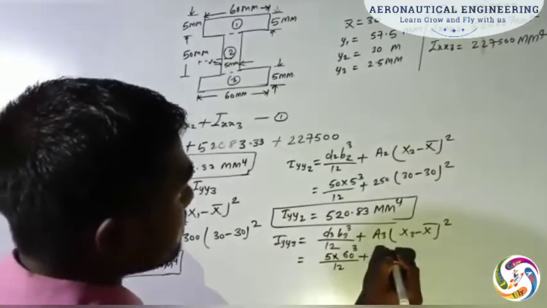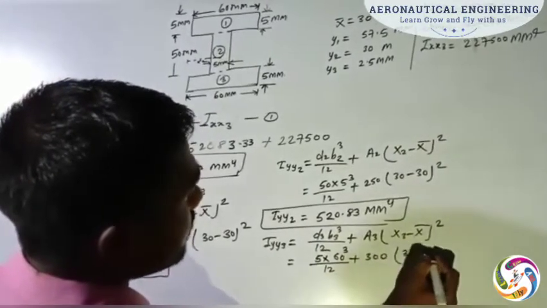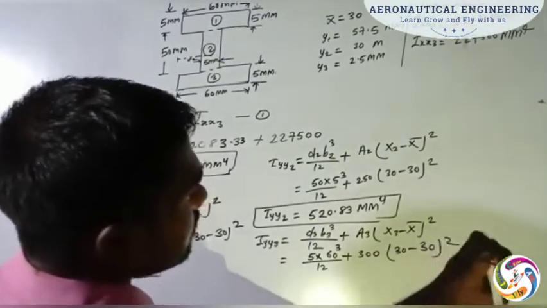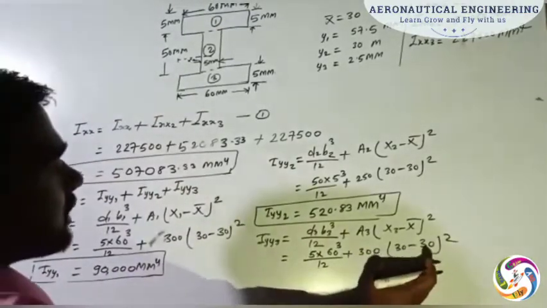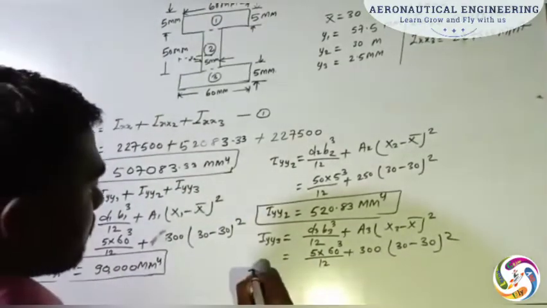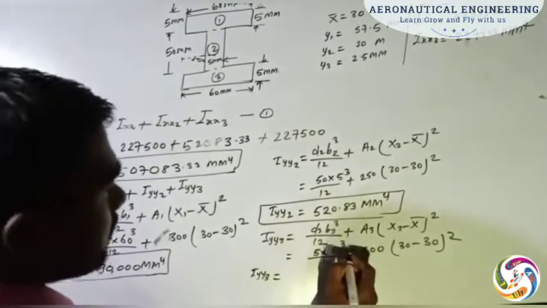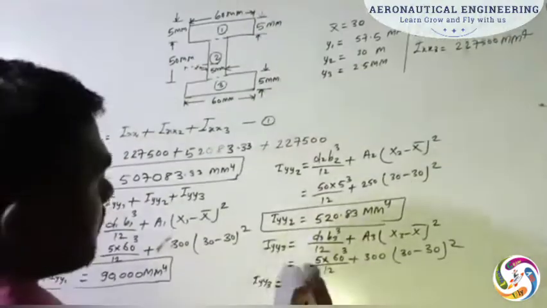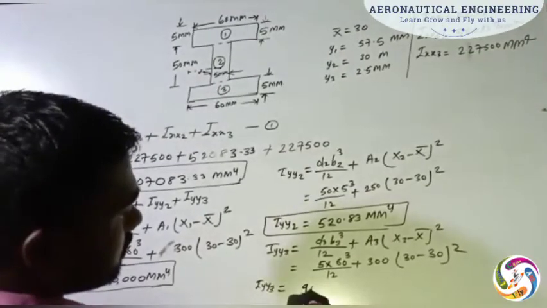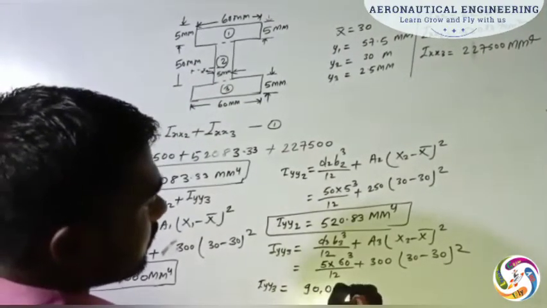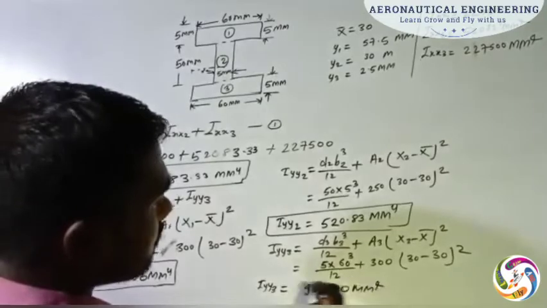A3 value is 300, x bar is 30. So by calculating, this portion becomes 0. After calculating we get Iyy3 value 90,000 mm power 4.